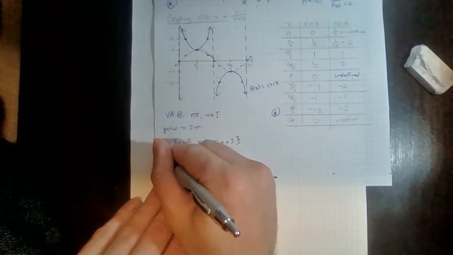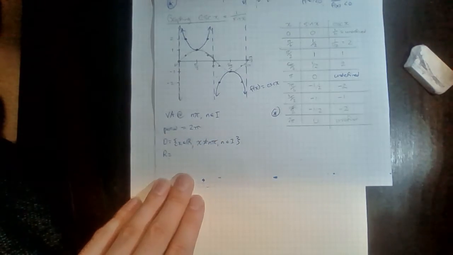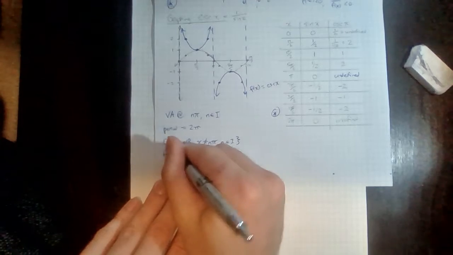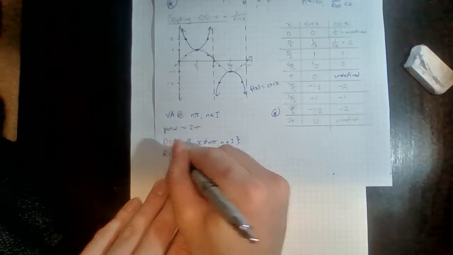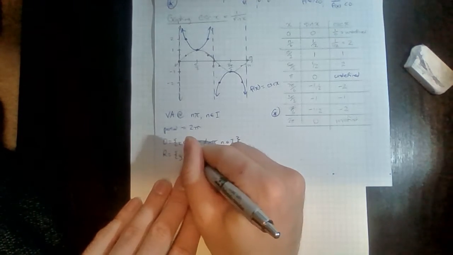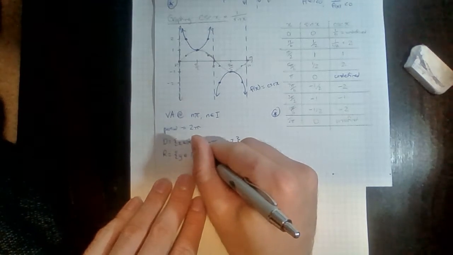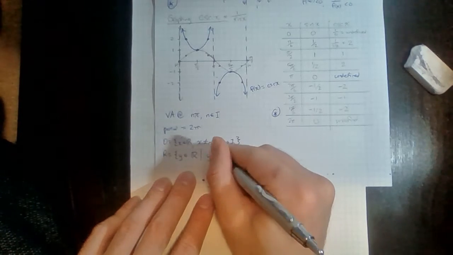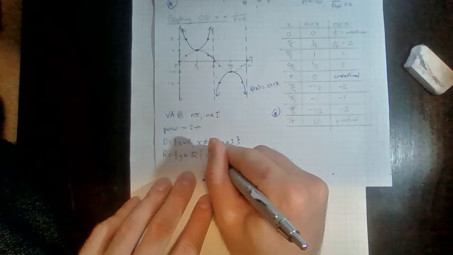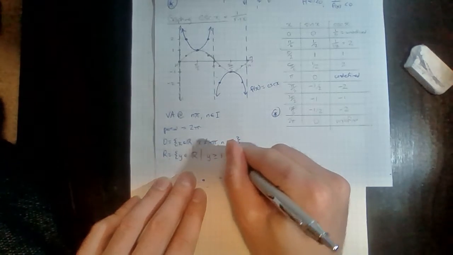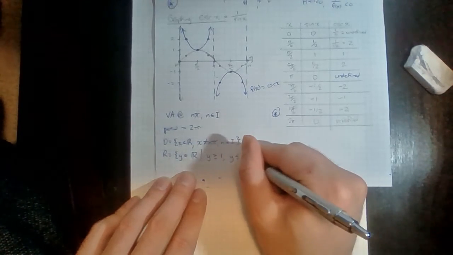And our range, we're only greater than 1 or less than negative 1. In between, there were no values from negative 1 to 1. So y is an element of all real numbers, such that y is greater than or equal to 1, or y is less than or equal to negative 1.